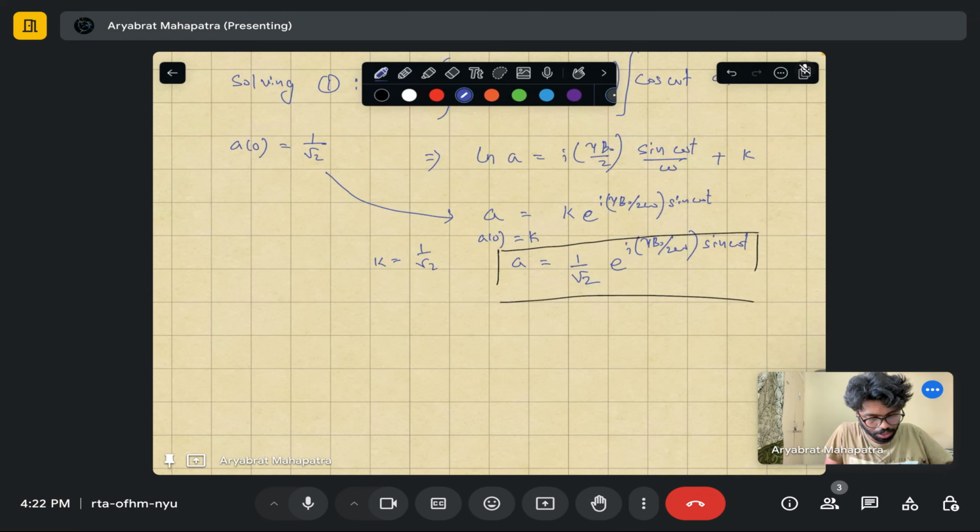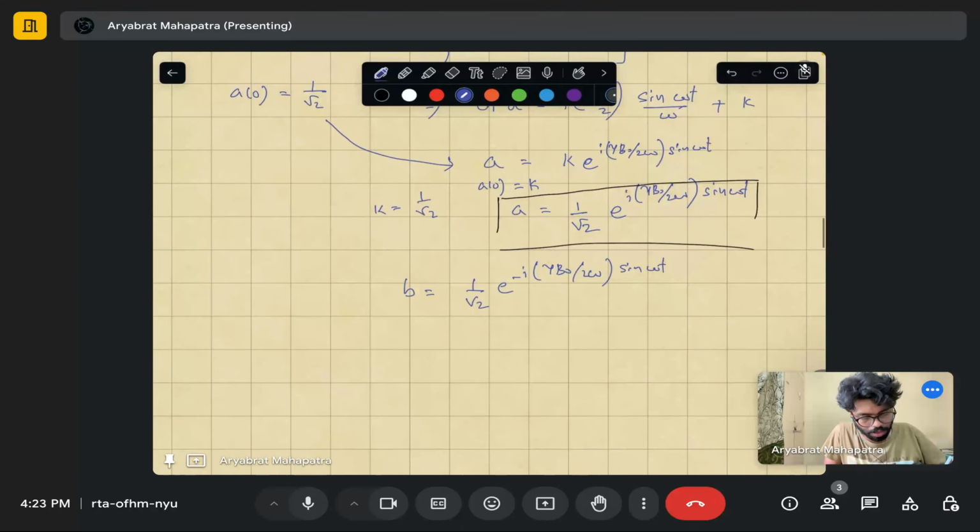b also will be 1 by root 2 times the exponential of minus i gamma b naught over 2 omega sine omega t.